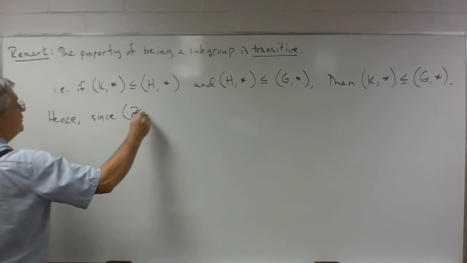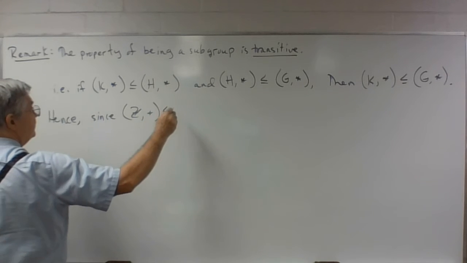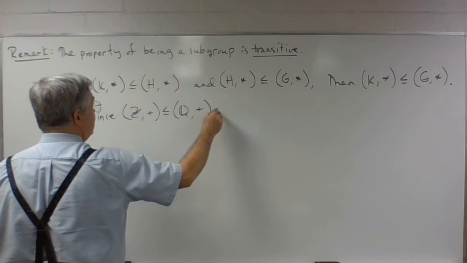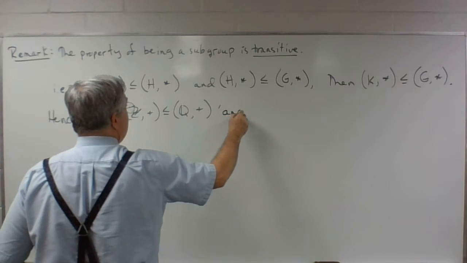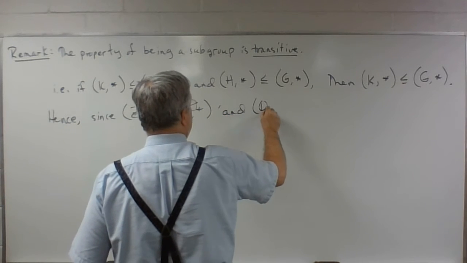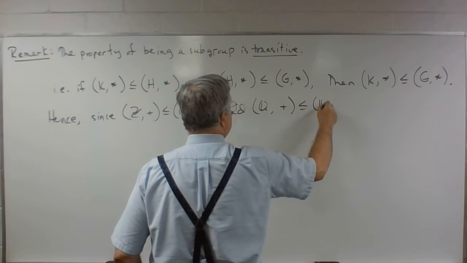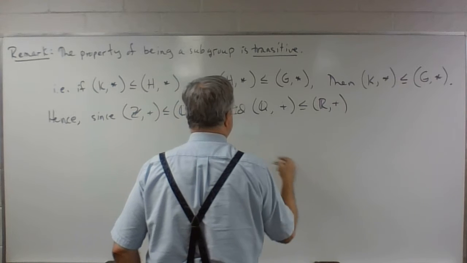We know that the integers under addition are a subgroup of the rationals under addition. And the rationals under addition are a subgroup of the real numbers under addition.